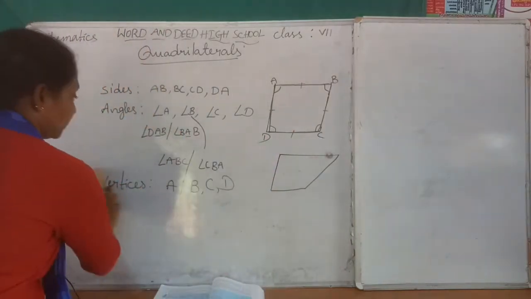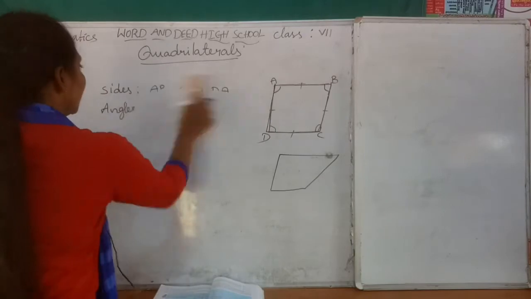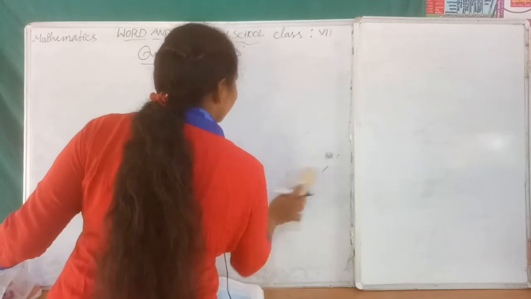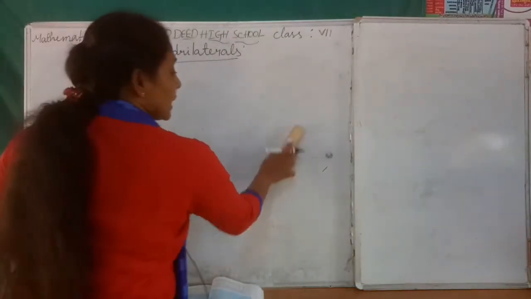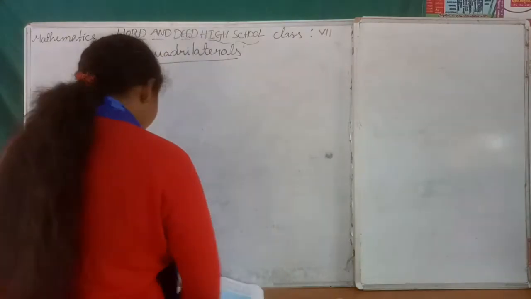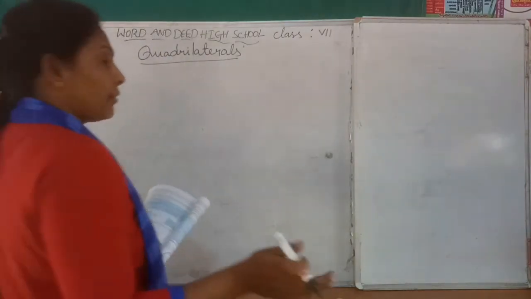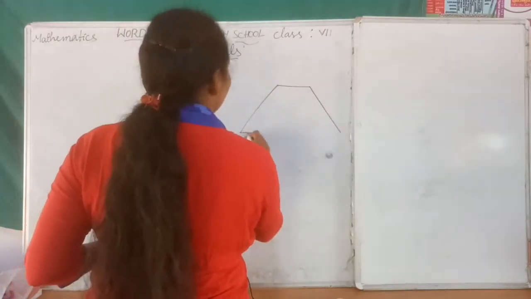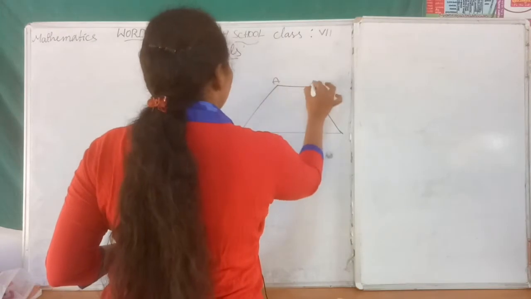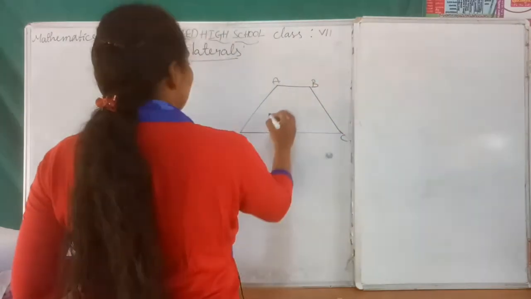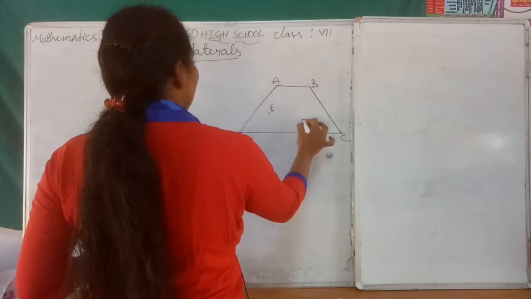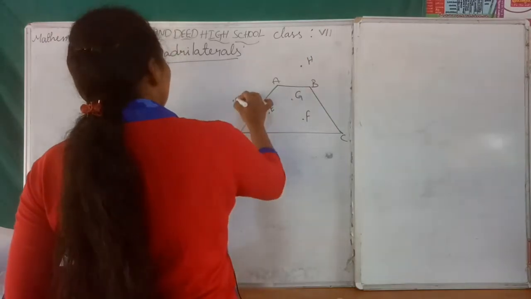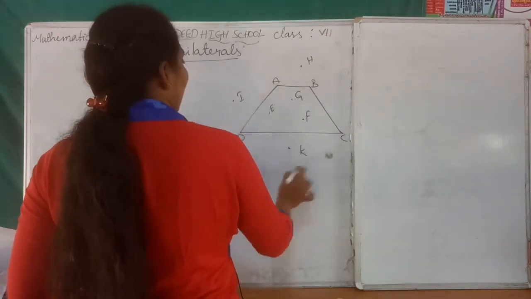Okay. Next. Interior of the quadrilateral, exterior of the quadrilateral. See, interior of a quadrilateral, exterior of a quadrilateral. Suppose A, B, C, D. In between we have E, F, G, H, I, K. That's all.